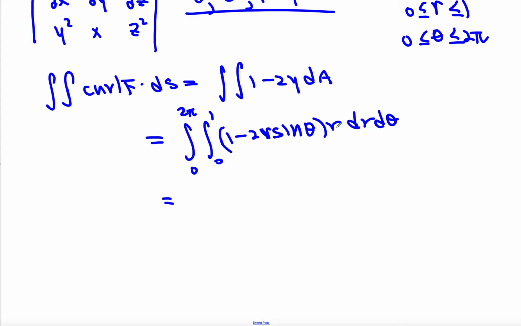When you integrate this one against r, then r becomes r squared over 2. Now, second, this one becomes simply minus r squared, so we get r squared sine theta, that goes from 0 to 1.